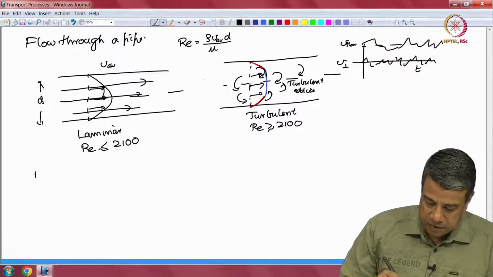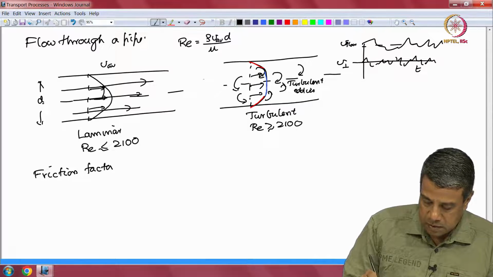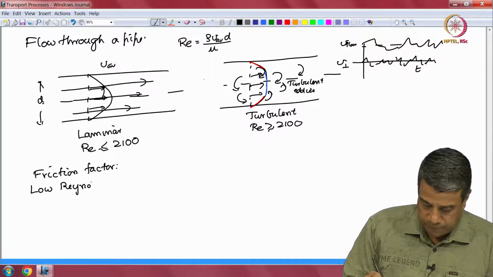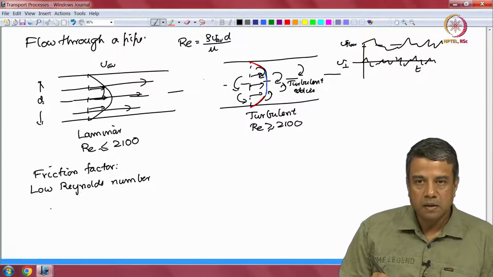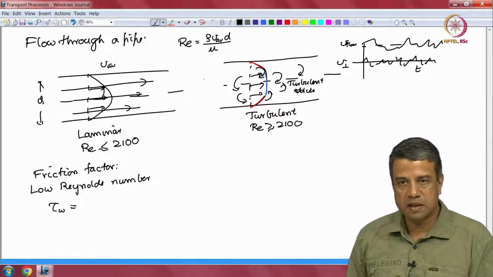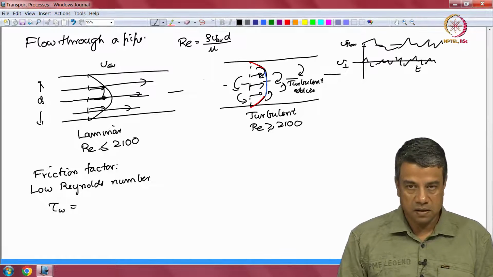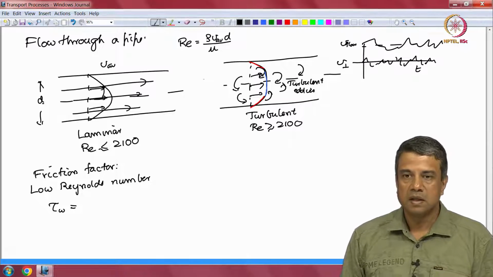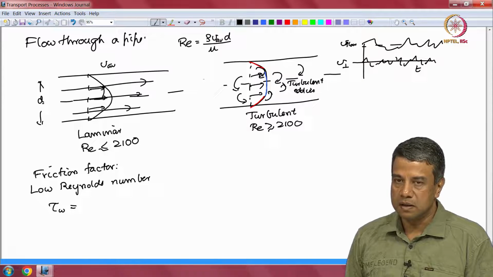So, the friction factor, if you consider low Reynolds number, you know that the wall shear stress, just from dimensional analysis at low Reynolds number when inertia is not important, the stress cannot depend upon the density.